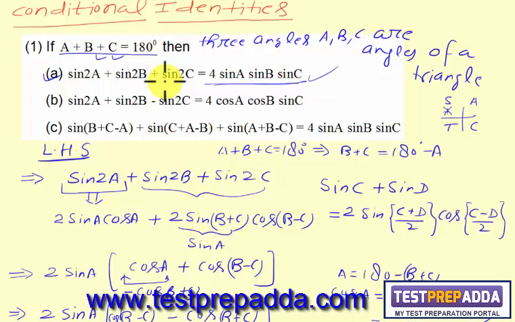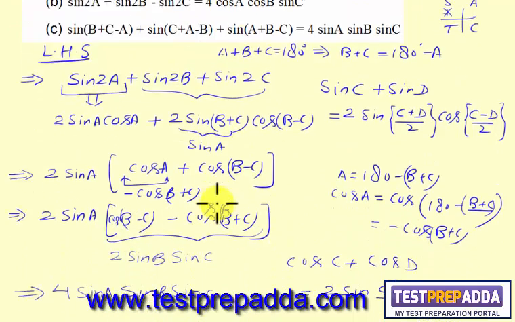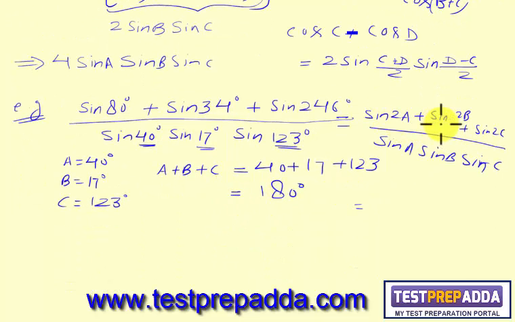Sin 2A plus sin 2B plus sin 2C is equal to 4 sin A sin B sin C. If I keep this sin A sin B sin C this side in the denominator, the value will come equal to 4. And actually they have asked the same thing, (sin 2A + sin 2B + sin 2C) upon sin A sin B sin C. So what will be the value of this? It is 4. Got it? So as I told you, they may ask identities or conditional identities indirectly. So please be alert for that.